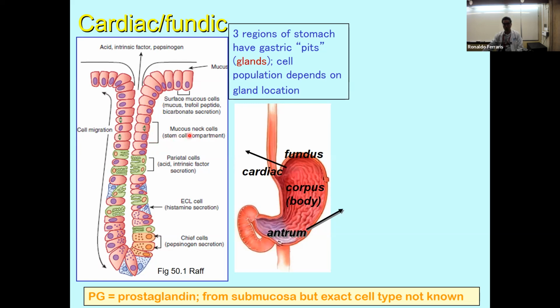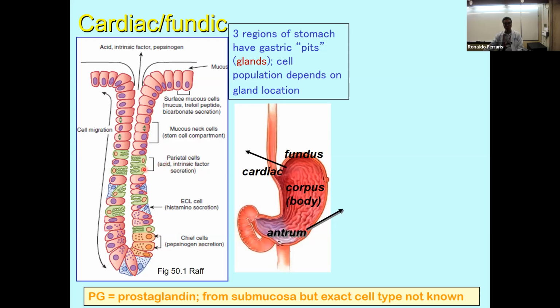So these are proliferative cells. When they migrate upwards, they differentiate into mucous cells. When they migrate downwards, they tend to differentiate into these other types of gastric cells, namely parietal cells.